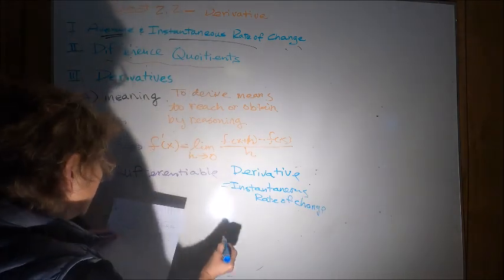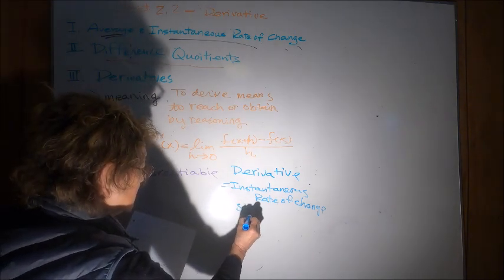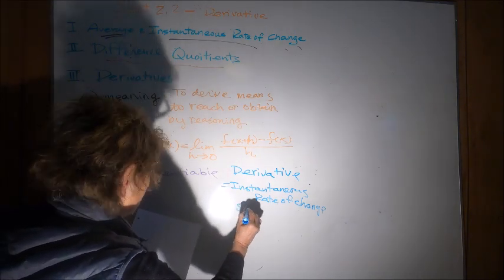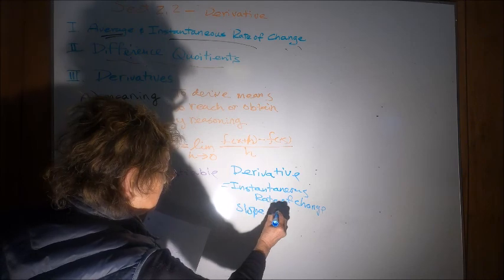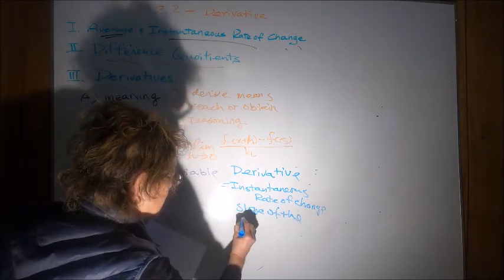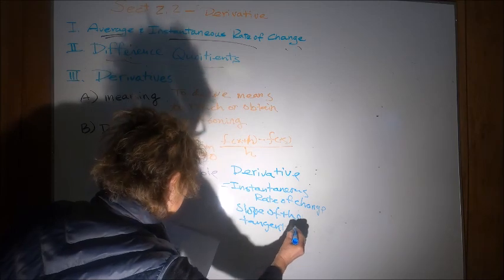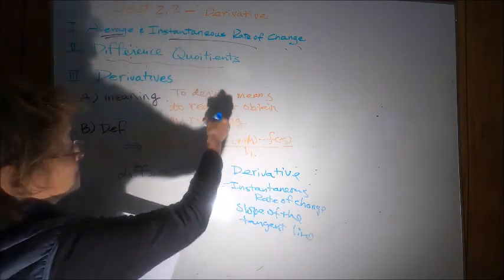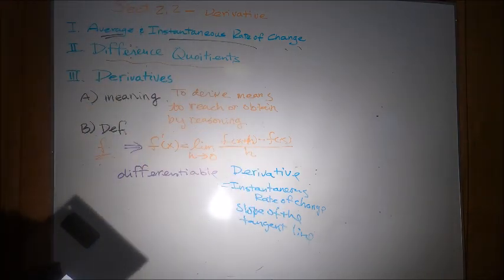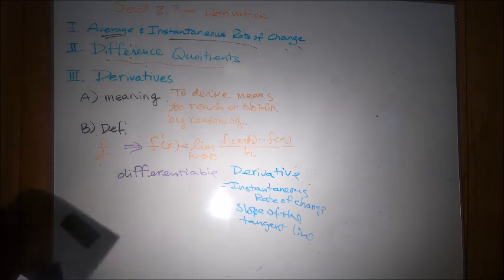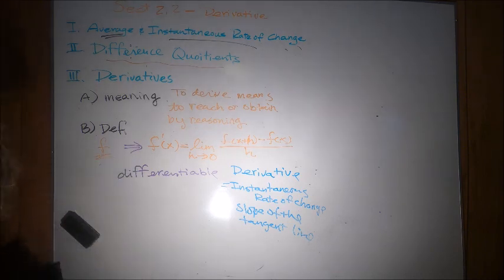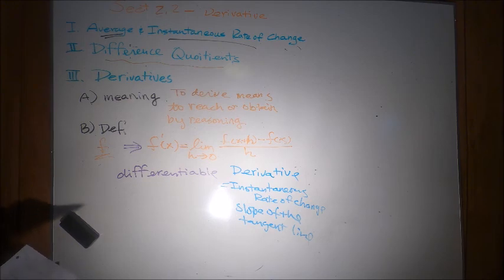And it's the same thing as the slope of the tangent line at that point. Did we just do that? We just did all this to find the limit for it. Now we give another name. We call it a derivative.